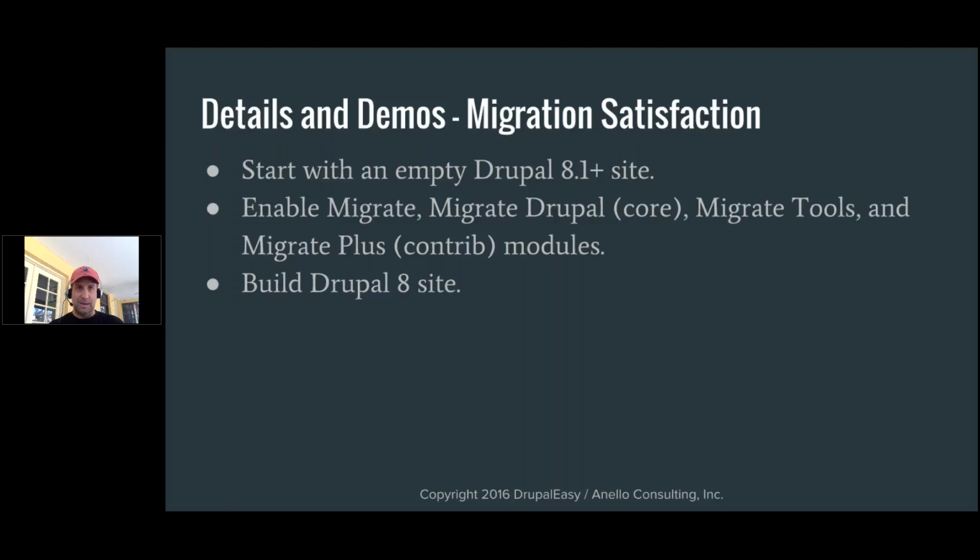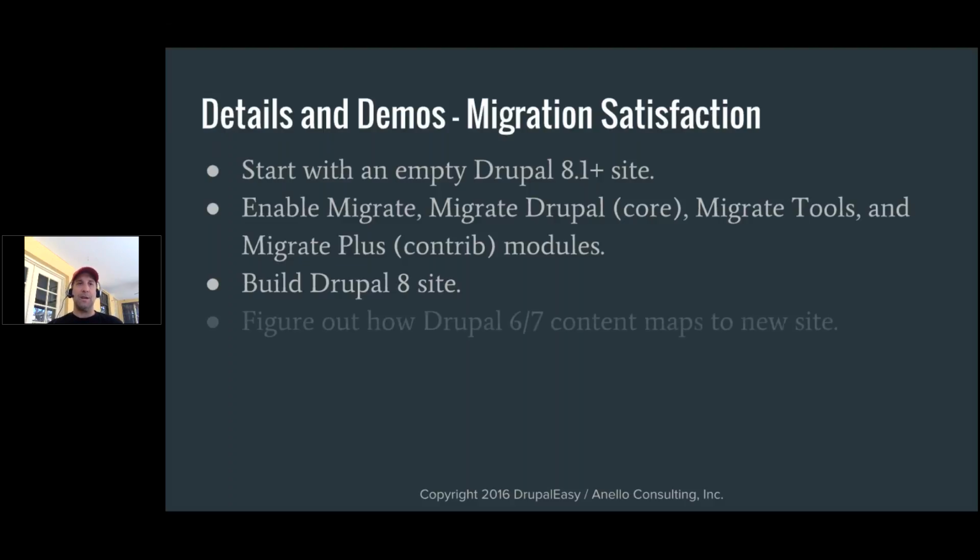Build your Drupal 8 site, meaning ignore your old information architecture. Build your site the way it should be built today. Take advantage of all the cool new entity types. A lot of people love the paragraphs module. Take advantage of that. Build your site the way it should be built. Let go of all the mistakes in information architecture that you made with your previous sites.